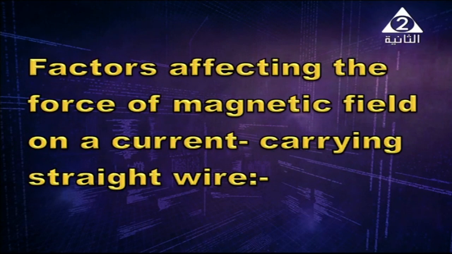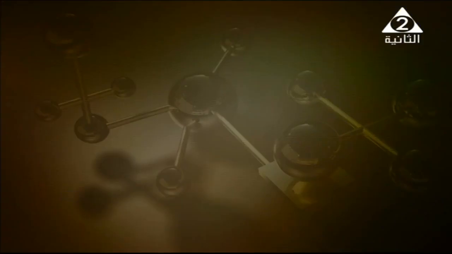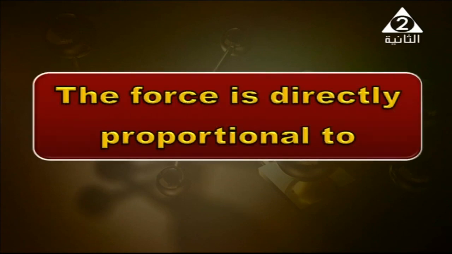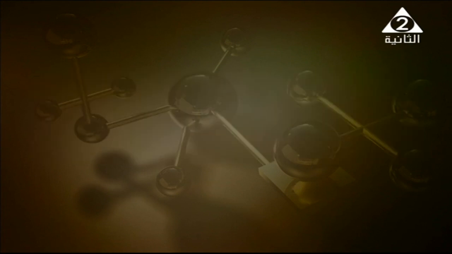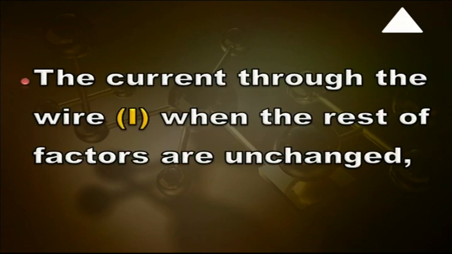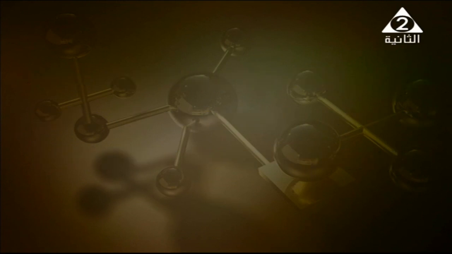And what about the factors affecting the force of a magnetic field on a current carrying straight wire? This is a very important question. The force is directly proportional to the current flowing through the wire, of course, when the rest of the factors are kept constant.